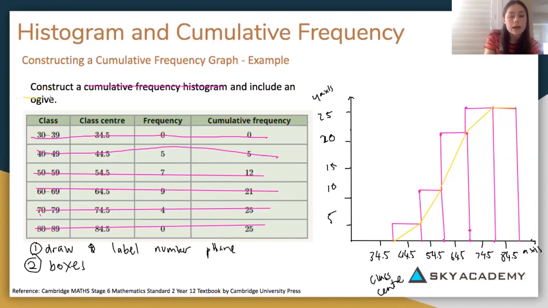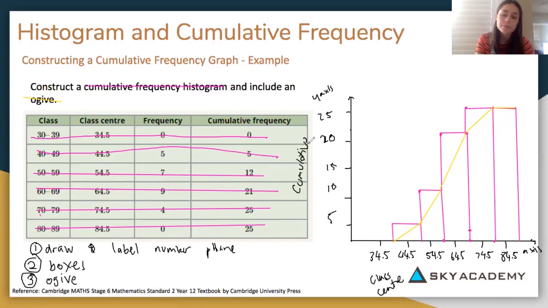They're very easy to draw on. You just got to know what it is. It's just from the bottom left hand to the top right hand. And that is how you draw a cumulative frequency histogram. It's just the same as a frequency histogram, except on your y-axis is your cumulative frequency.